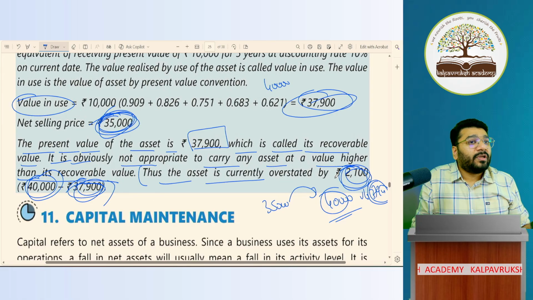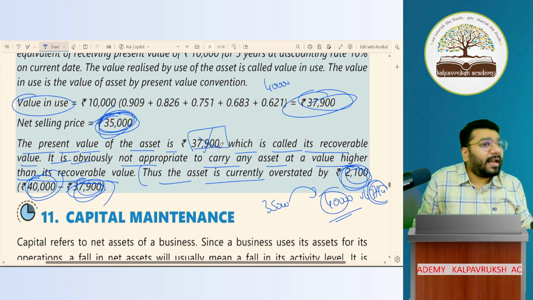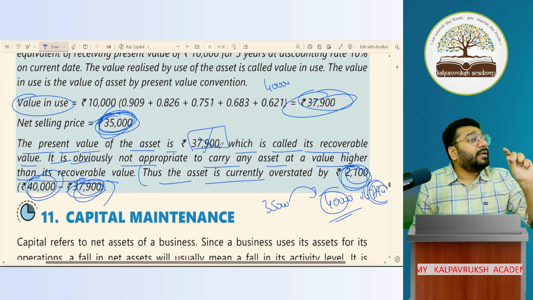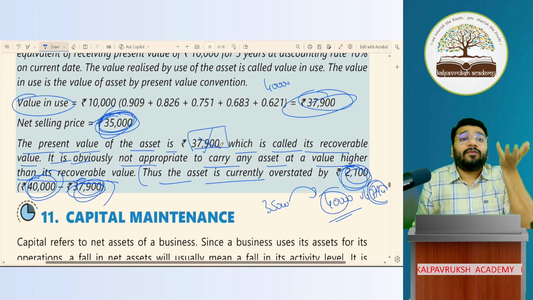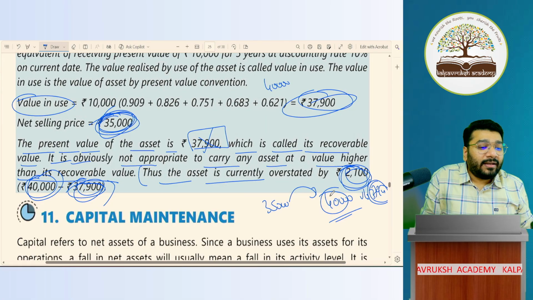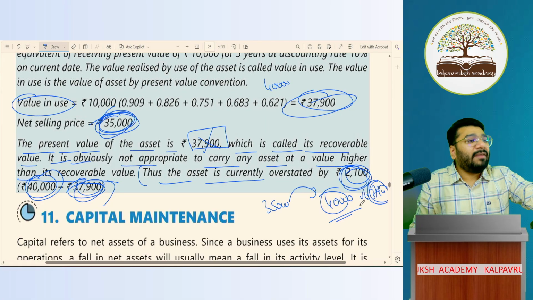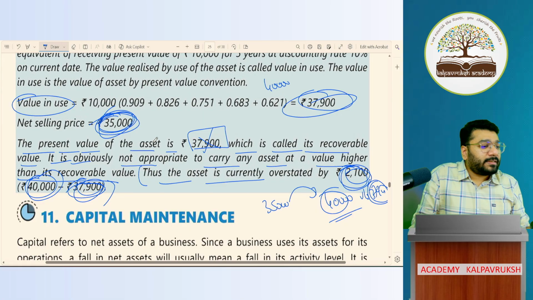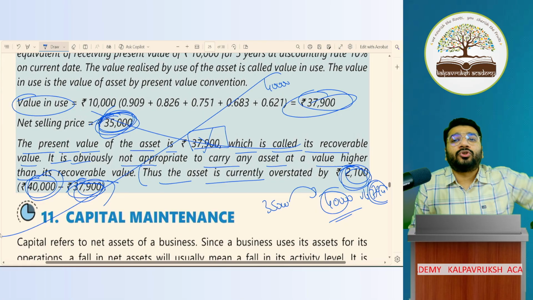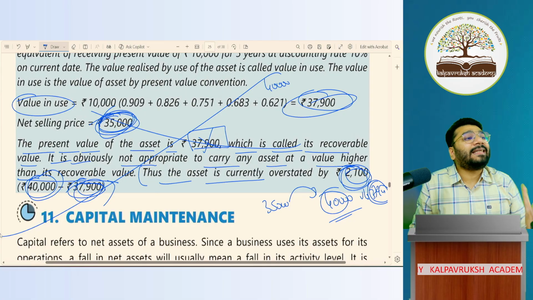2,100. So on one side he's telling that this is not the right value to record, but when giving the difference, he's taking the difference between 40,000 and 37,900, which is not appropriate, but they've given it, it's okay. To be very honest, none of this method is applied for an asset because we follow Accounting Standard 10.